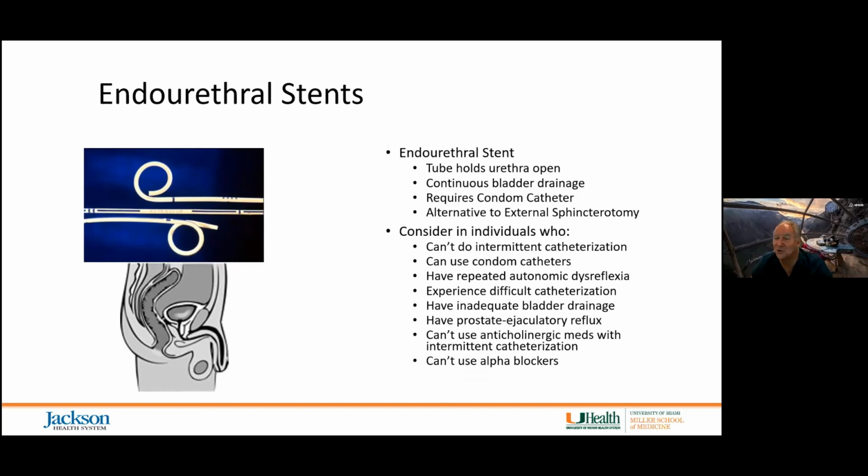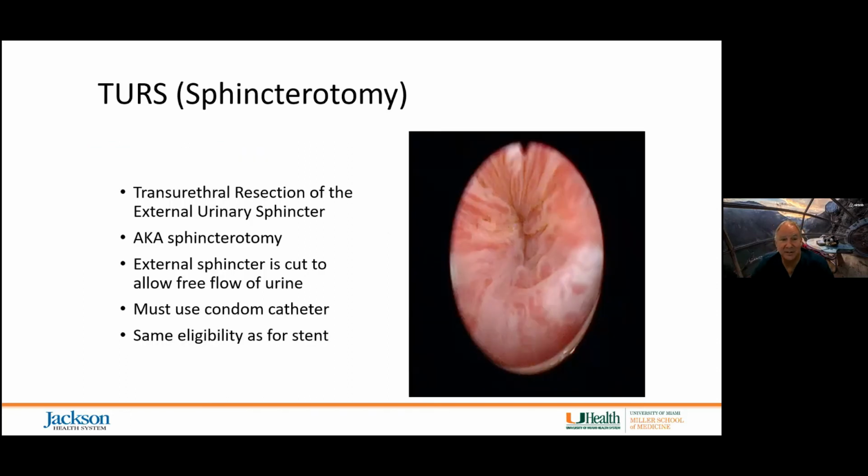Consider this for folks who can't do intermittent catheterization, but can use condom catheters. Basically, this will allow the person to have bladder continence so long as they can use an external collection system.